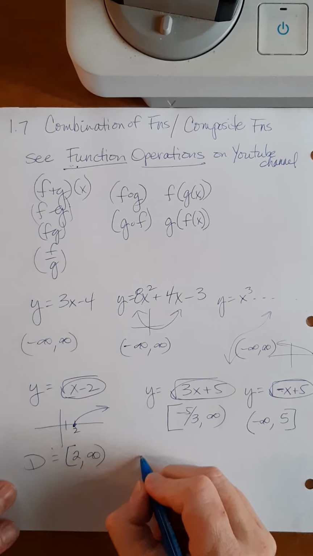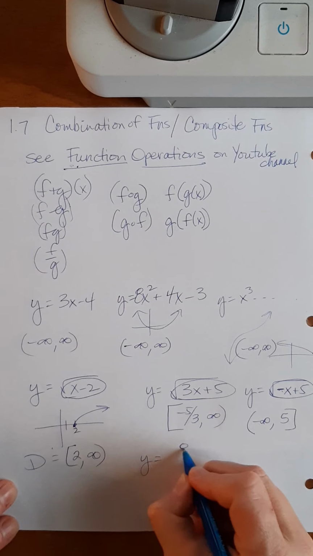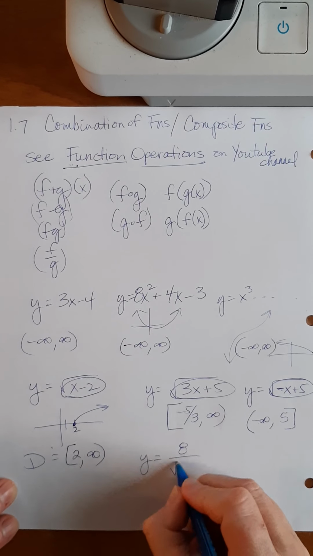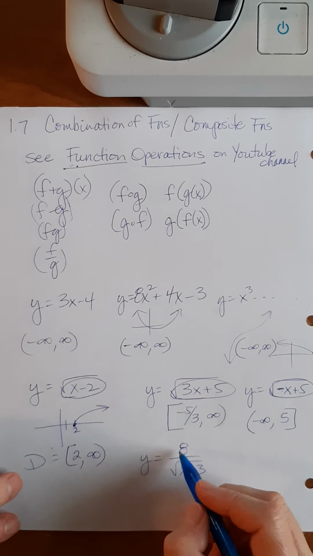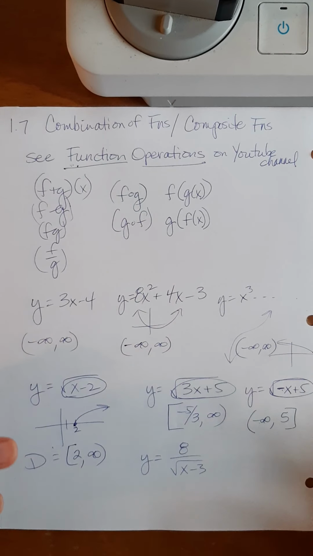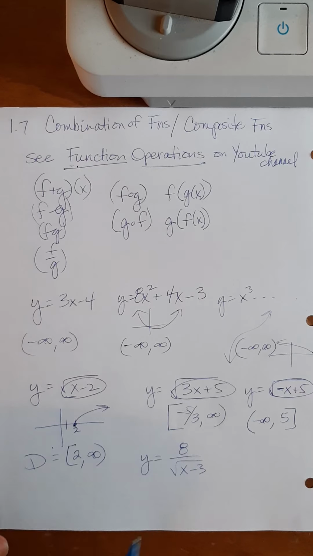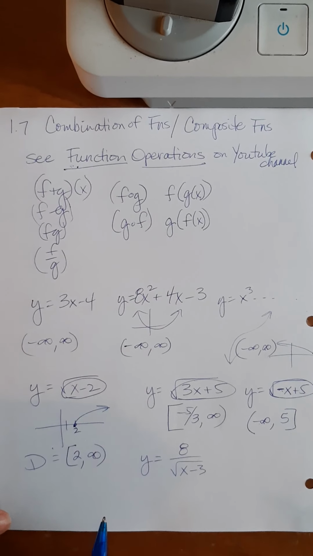Now, sometimes they'll put something like, let's say, 8 over square root of x minus 3. The 8 on top, it really doesn't matter. It's a weird graph, yes, but domain only has to do with x.